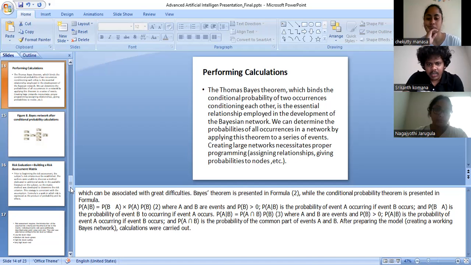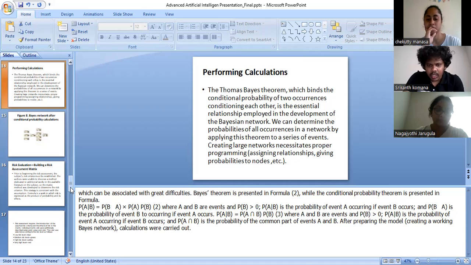Bayes theorem is presented in one formula, while the conditional probability theorem is presented in another: P(A∩B) = P(B|A) · P(A) = P(A|B) · P(B). Here A and B are events, and P(B|A) is the probability of event B occurring if event A occurs.